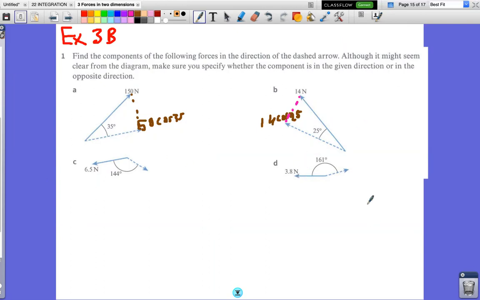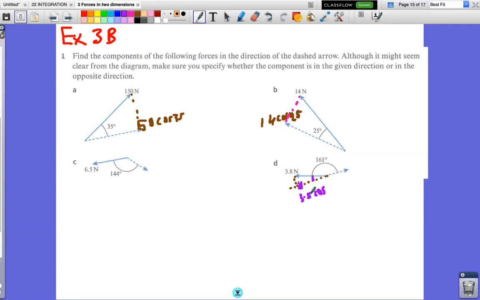For this one, for instance, you will have to project the force along this line. So the component of this force will look like this. It will not be that way. And it's going to be 3.5 cosine of 180 minus 161.